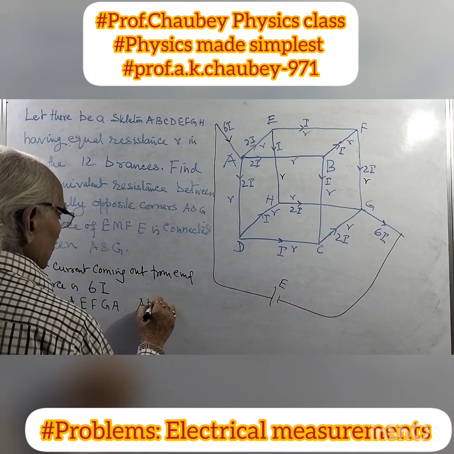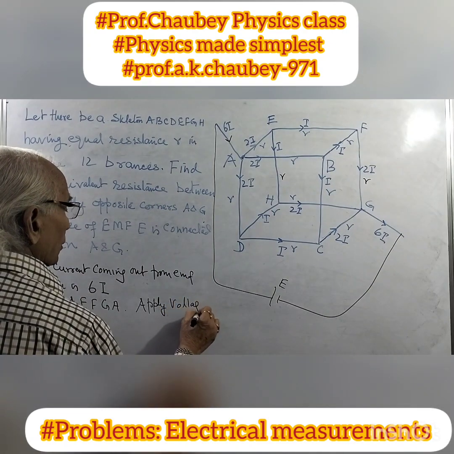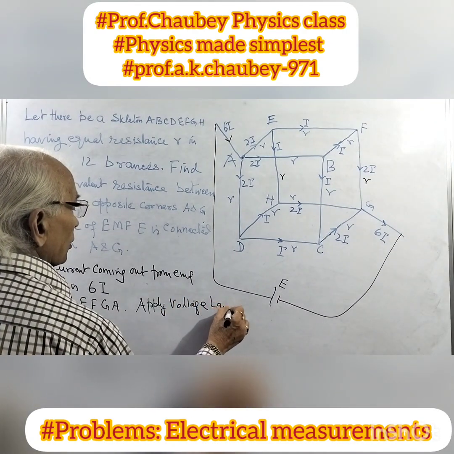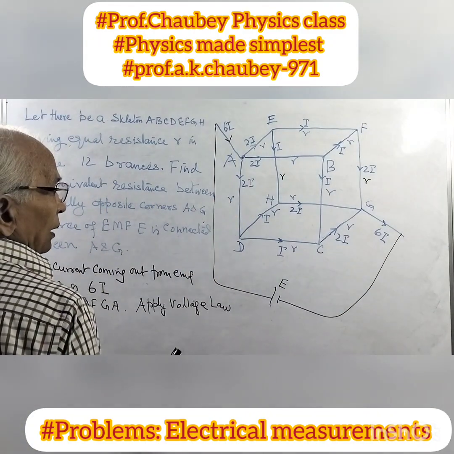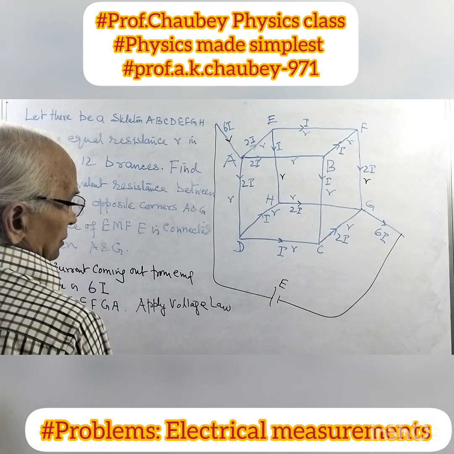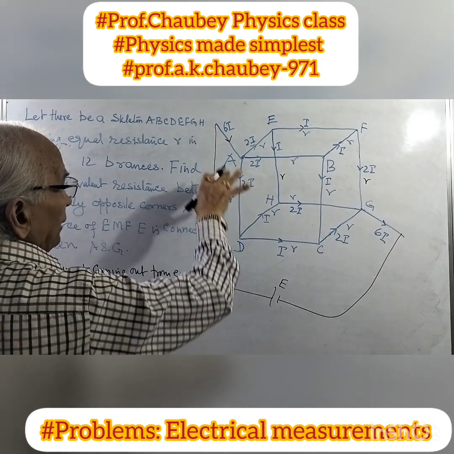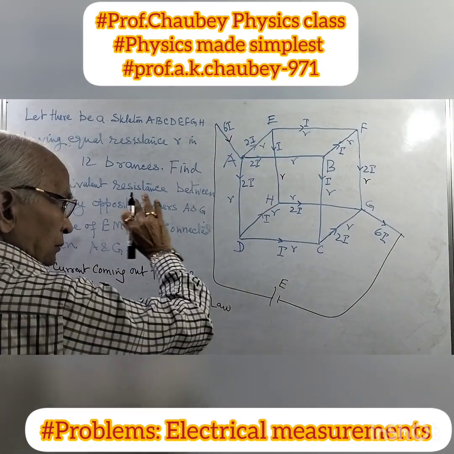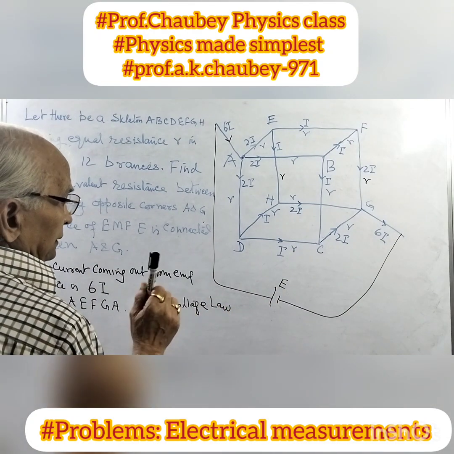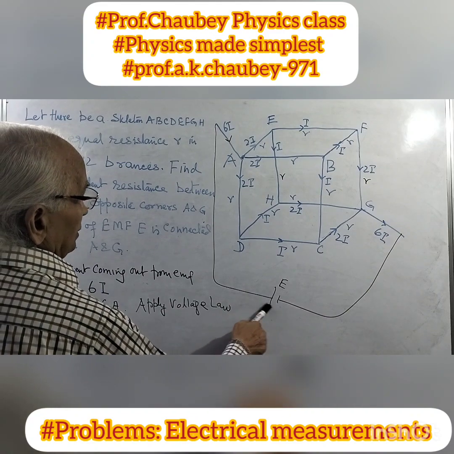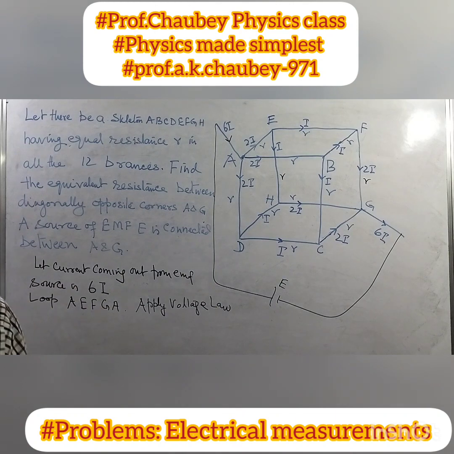The voltage source must equal the IR drops, or the summation of the total is equal to 0. But you have to take into account the plus and minus signs. If this is plus, the drop must be opposite. So that way we write the voltage equation.